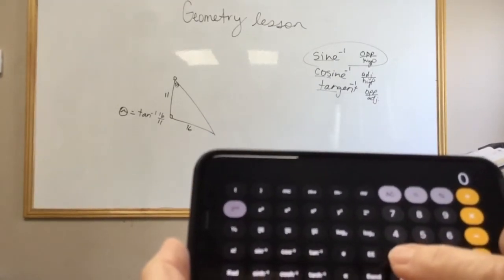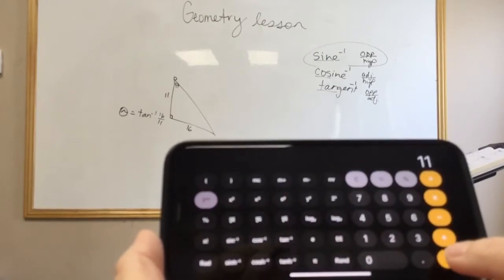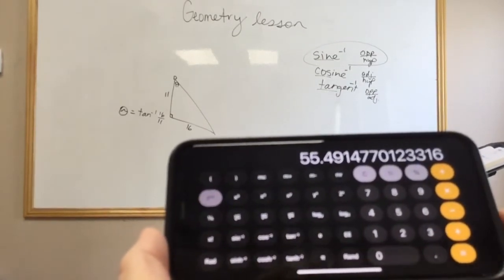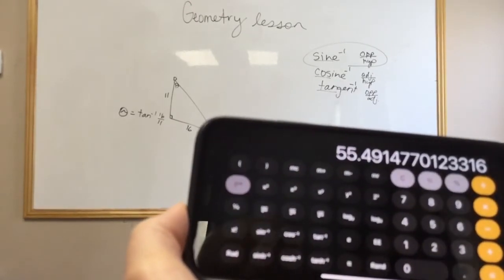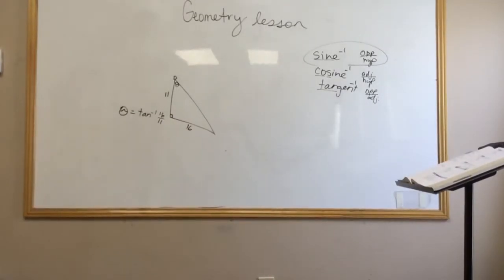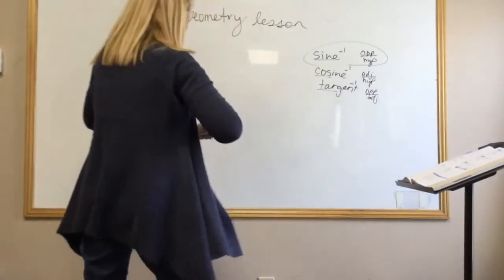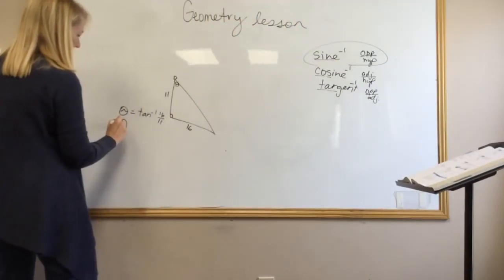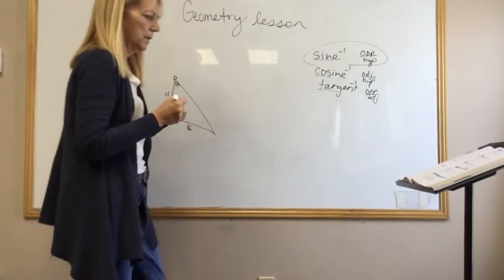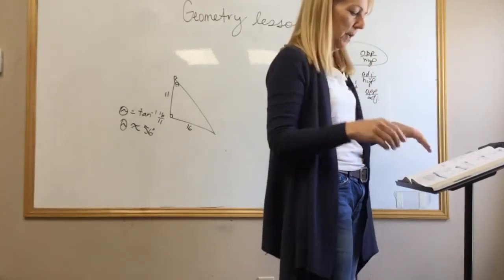So I say 16 divided by 11 equals, and then I push the inverse of tangent button, and that is 55.49, which I technically could round up to 56. So I would say that angle is approximately 56 degrees. And your books kept it at 55.5, but either is fine.